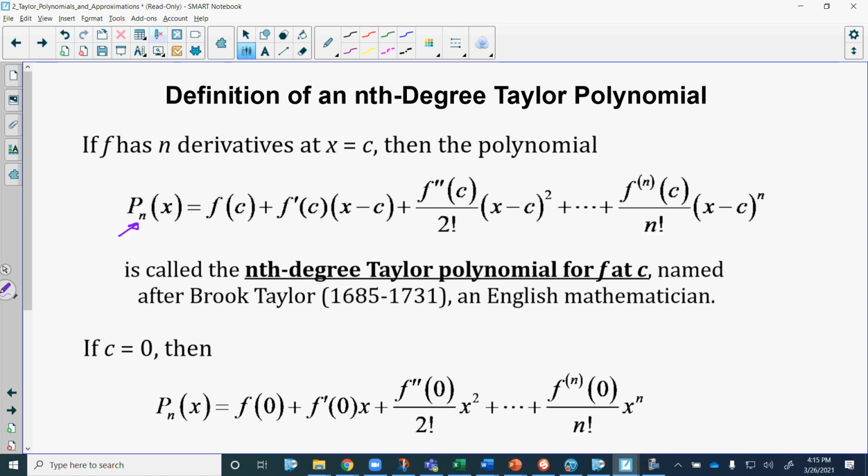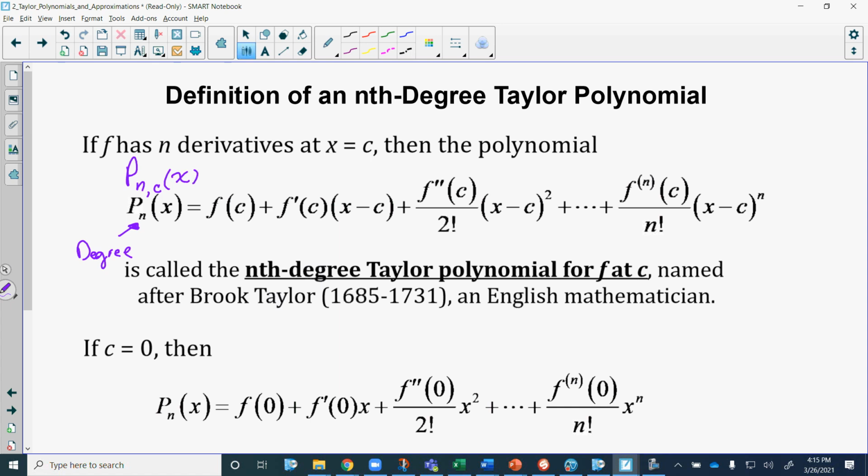The one thing I want to include here is that little subscript n, which refers to a degree. So where it says p sub n of x, I would read that as a Taylor polynomial of degree n in this case. Depending on the resources you may be looking at, you may see it as p sub n comma c of x, or a, like that.